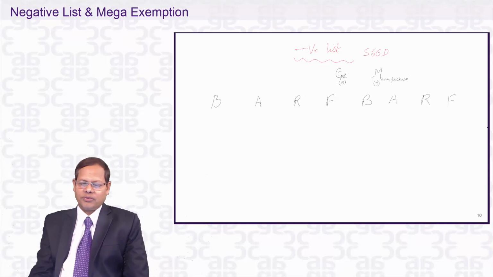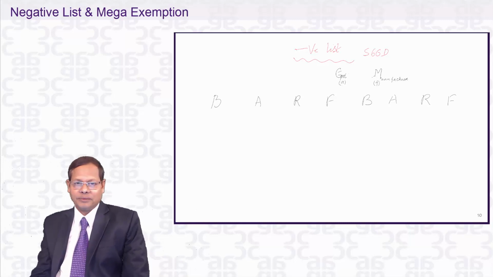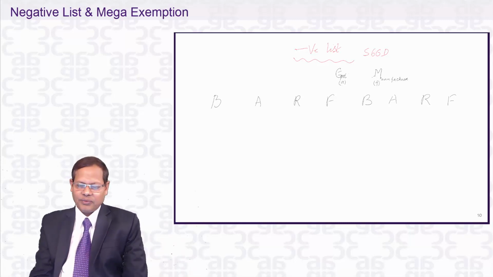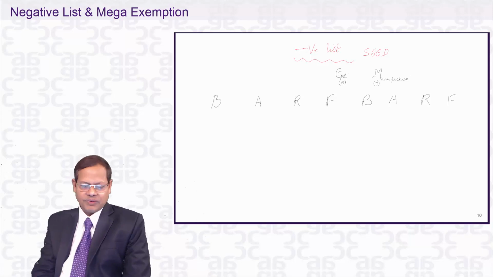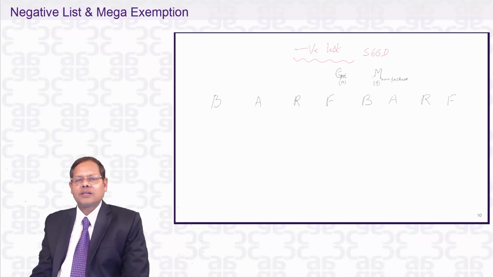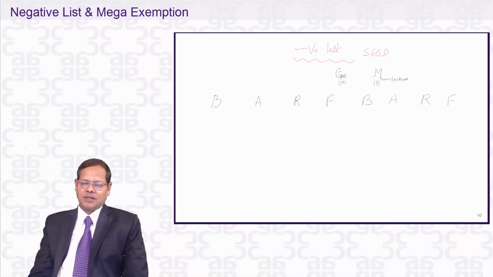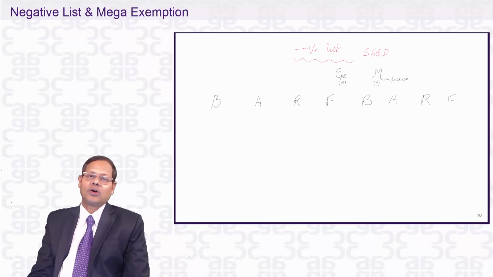GM, good morning, BARF, not barfi. Okay, BARF. So in this we got 4 plus 4, 8 entries, 8 services. So 2 plus 8, 10, we got it.